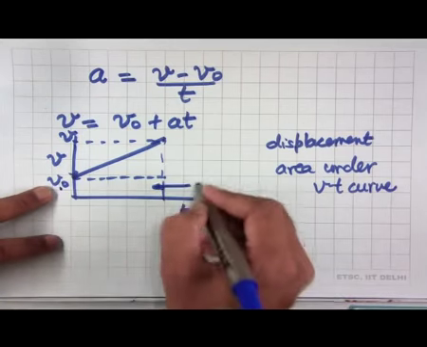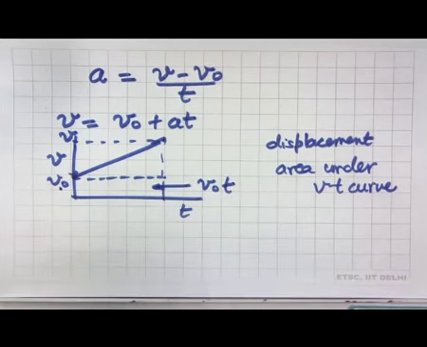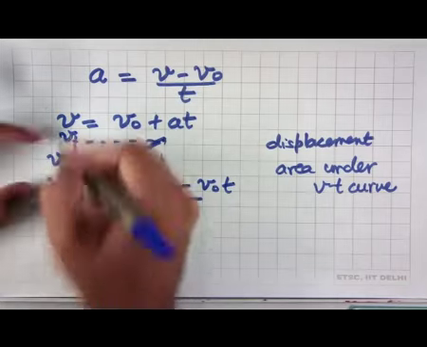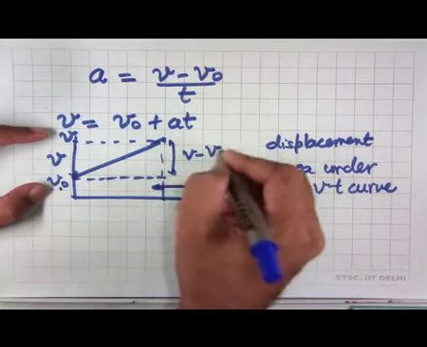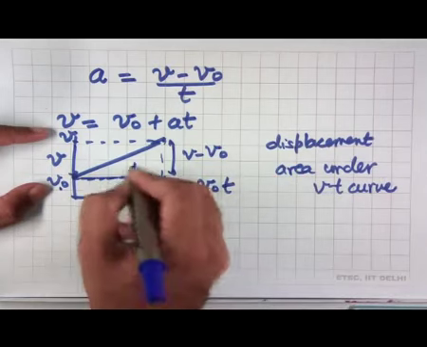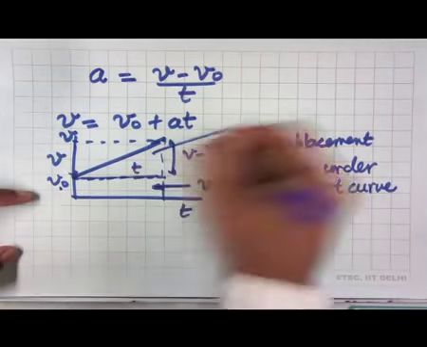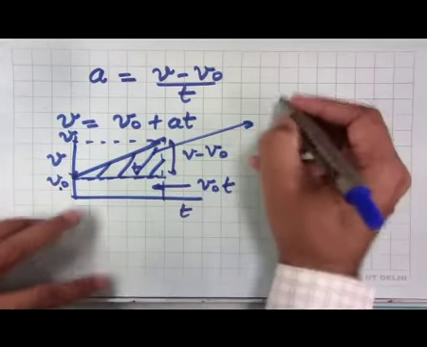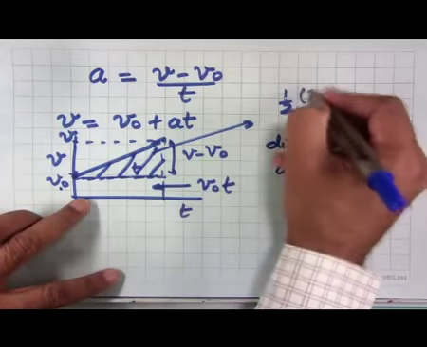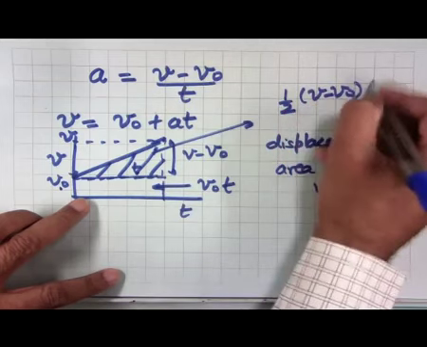So, the area of this rectangle is v0t. This is v0. So, this height is v minus v0. This is t. So, this area of the triangle will be equal to half times v minus v0 times t.